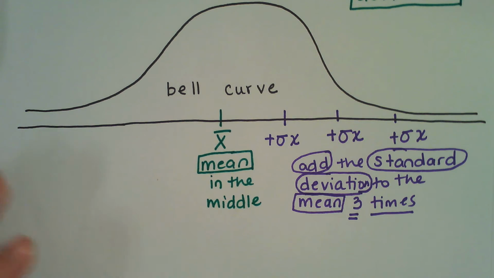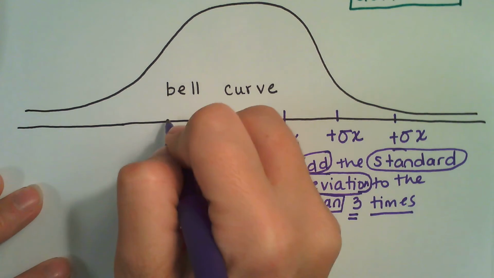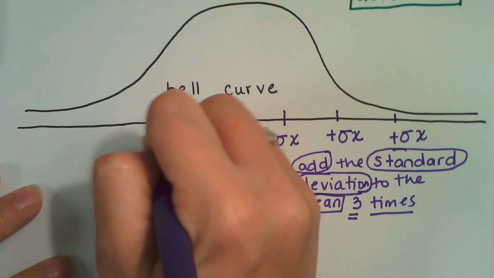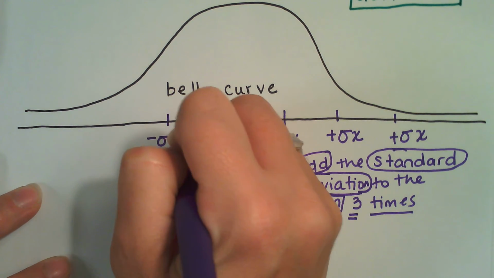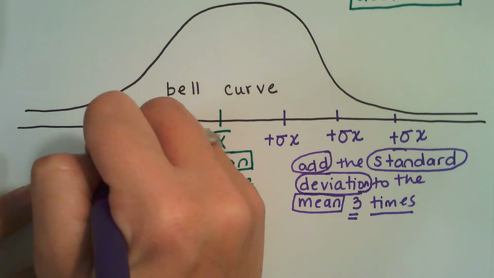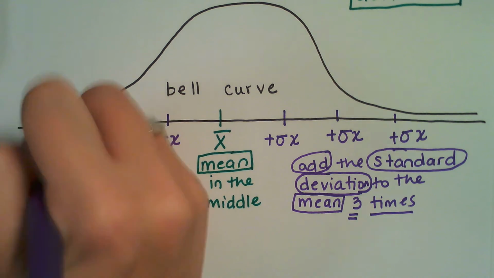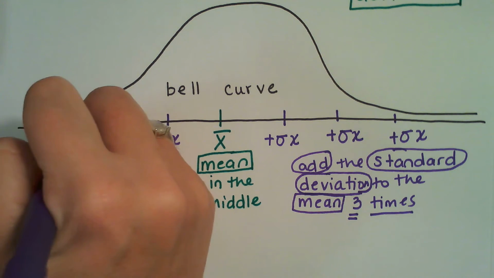All right. So going in the opposite direction, we're going to subtract the standard deviation from the mean 1, 2, 3 times as well.